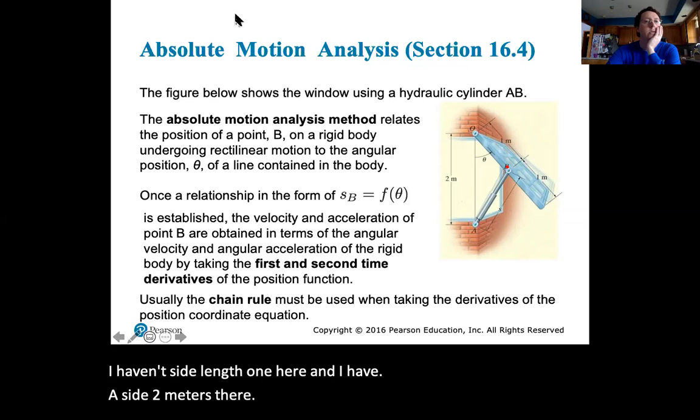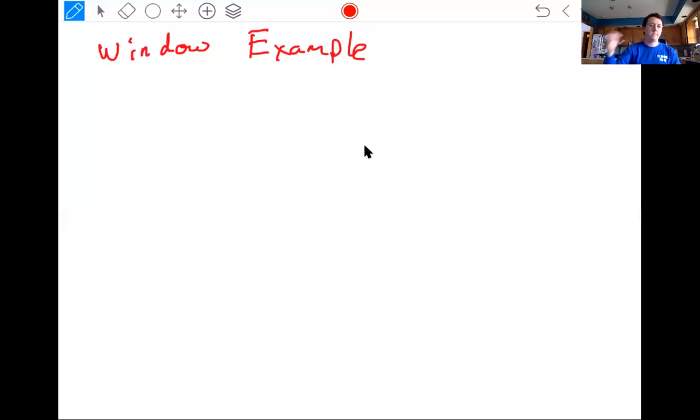All right, let's switch over to my iPad and let's solve this one. So the window example, the basic picture that I have is a triangle here.